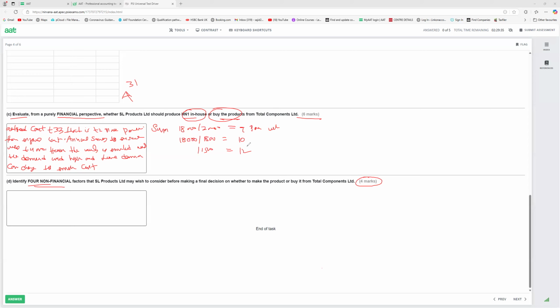The next one, we also have to say the supply, because the outsource company, Total Component, said they can only deliver 2,000 unit maximum. So what happens if the demand exceeds 2,000 unit?